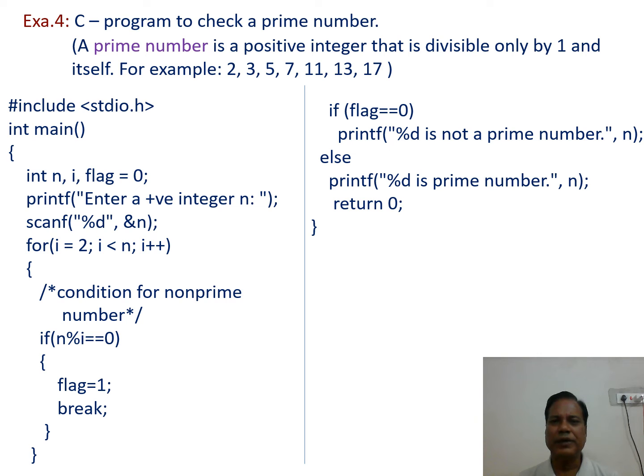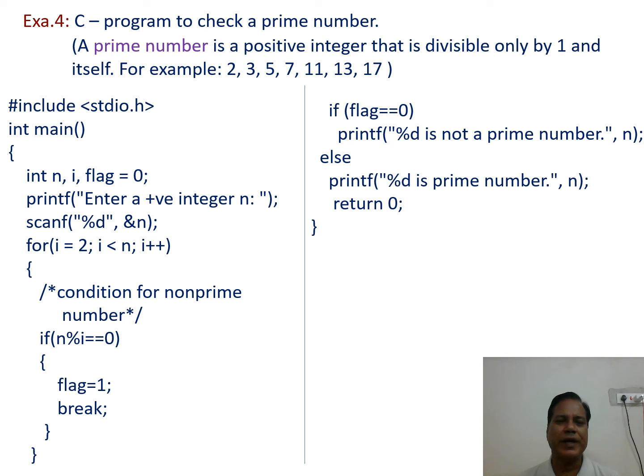Then we have the for looping statement. What is the use of this for loop? In this for loop: for (i = 2; i < n; i++). The body of the for loop is like this: if n % i == 0, that is, we divide n by i.